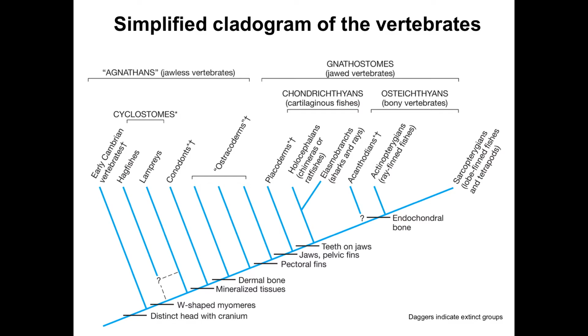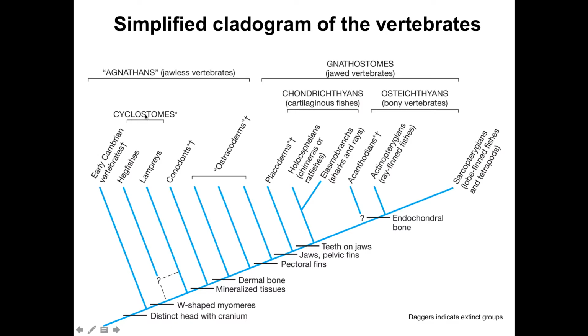One feature that the earliest vertebrates did not have is jaws. These jawless vertebrates are called agnatha. The first vertebrates were jawless agnathans. Agnathans include several extinct groups, as well as two groups of living species. The hagfish and the lampreys are the living jawless vertebrates.